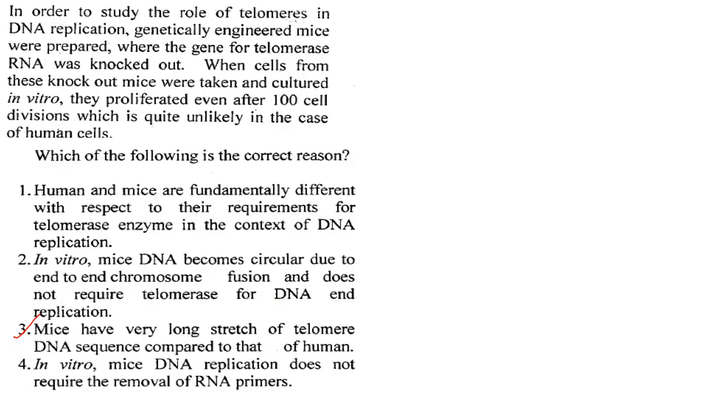Then next one. In order to study the role of telomeres in DNA replication, genetically engineered mice were prepared where the gene for telomerase RNA was knocked out. So telomerase is needed during mitosis or meiosis, where the ends of the chromosome have a tendency to reduce in length with constant replication.